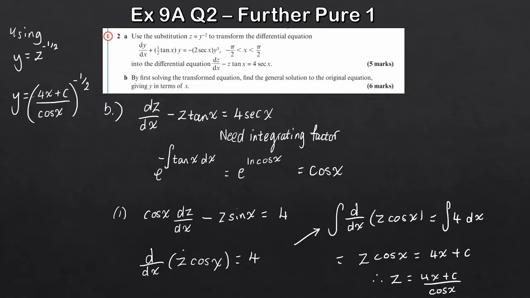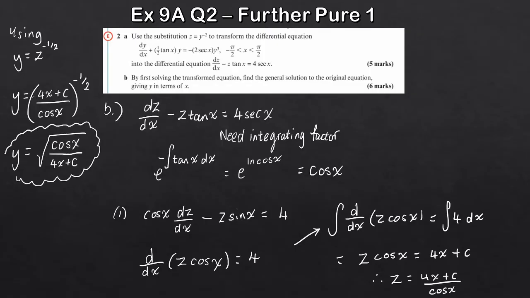Hopefully this is relatively straightforward to rewrite. It's just the reciprocal, and then you take the square root. So y is equal to the square root of cos x divided by 4x plus c. And there we have it. That's our y, so that's our final solution for question 2.